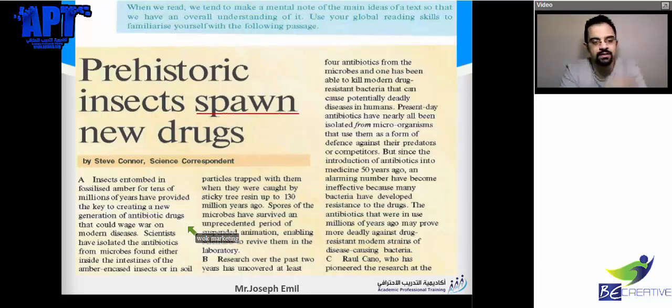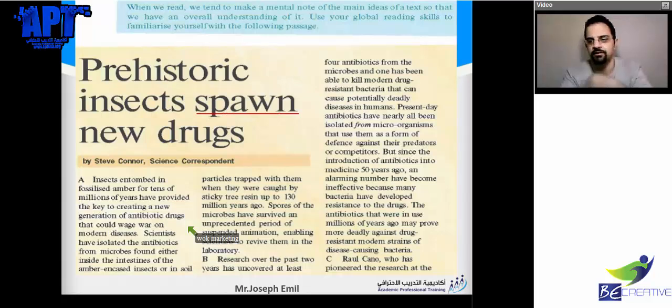Scientists have isolated the antibiotics from microbes found either inside the intestines of the amber-encased insects or in soil particles trapped with them when they were caught by sticky tree resin up to 130 million years ago. Spores of the microbes have survived an unprecedented amount of suspended animation, enabling scientists to revive them in the laboratory.